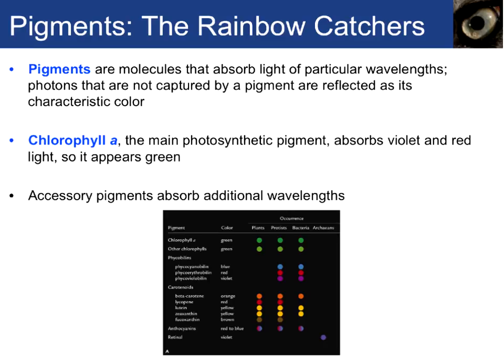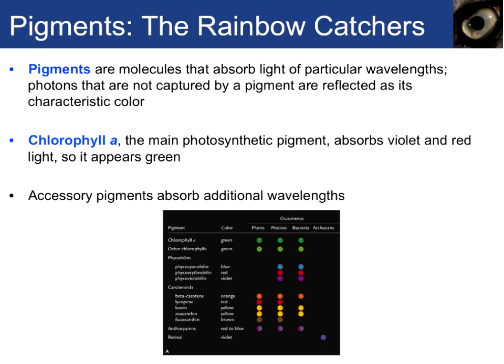Accessory pigments in plants also absorb additional wavelengths. Some of the accessory pigments whose color is familiar to us are found in high amounts in roots, fruits, and flowers. For instance, beta-carotene is especially high in carrots, and this is what gives them their orange color.